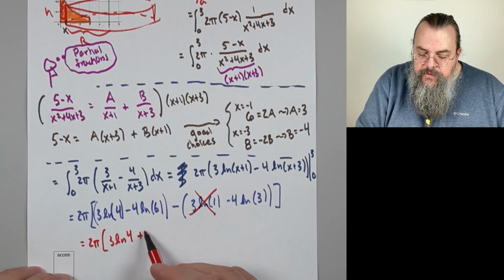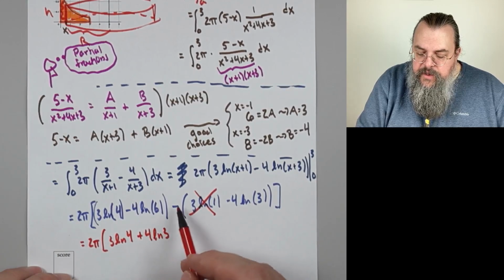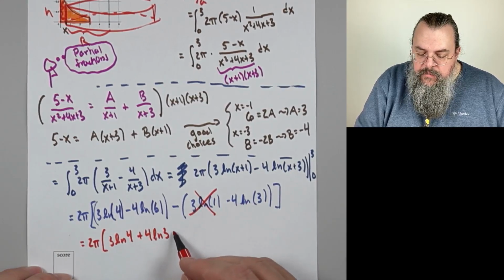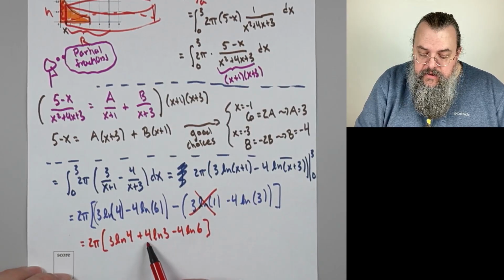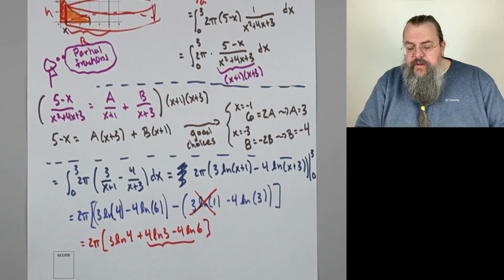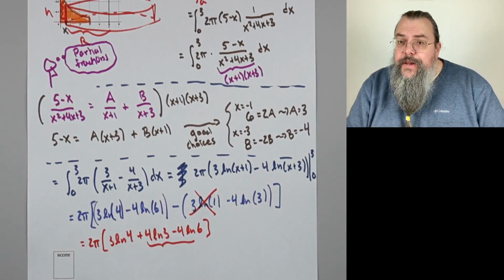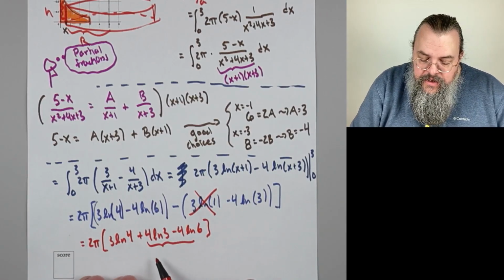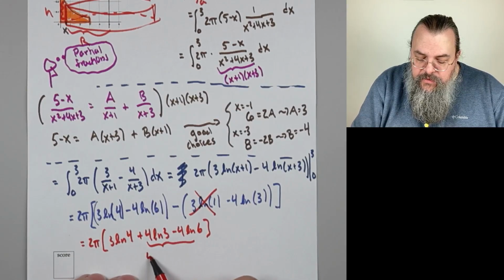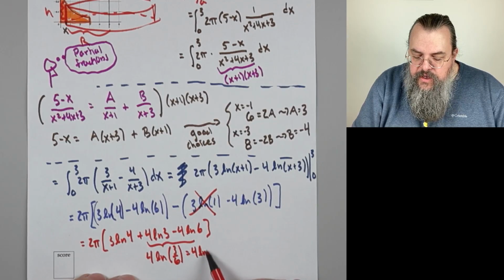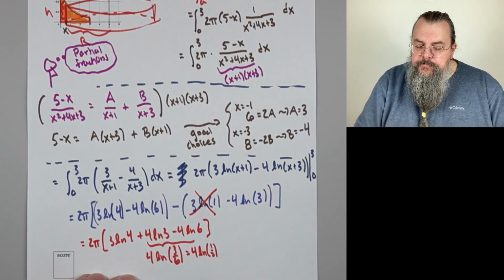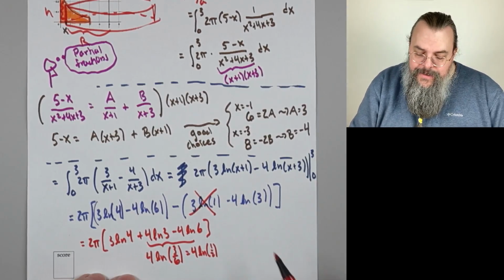So we can put 4 natural log 3, because minus makes plus, minus 4 natural log of 6. And if we remember our properties of logs, that really becomes division. So this is the same as 4 natural log of 3 over 6, which is the same as 4 natural log of a half.